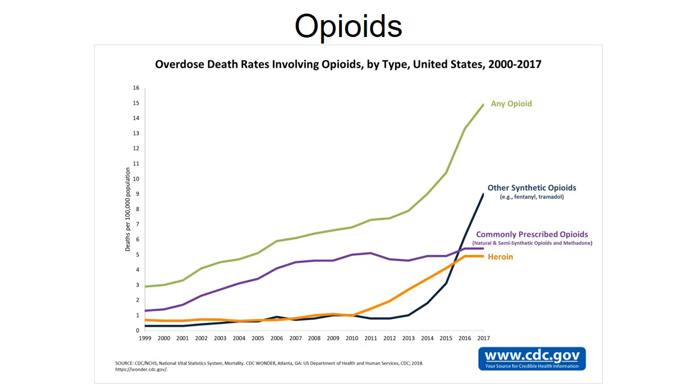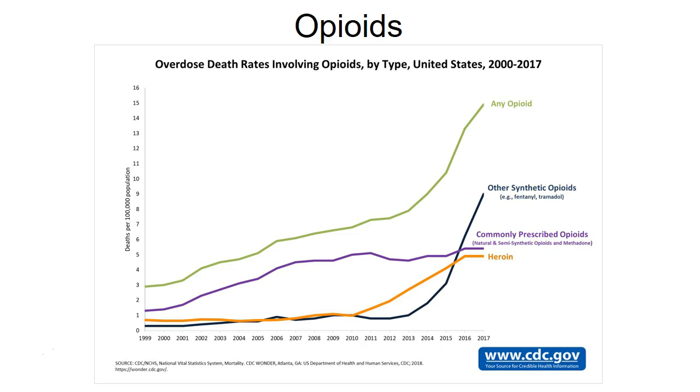So looking at the rise of opioid-related deaths, here we have heroin, here we have commonly prescribed opioids, and then synthetic opioids, and then all opioids. You can see it's a kind of exponential rise. So it's a huge crisis.